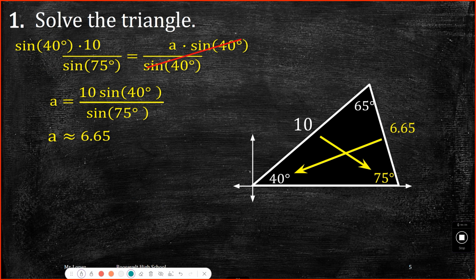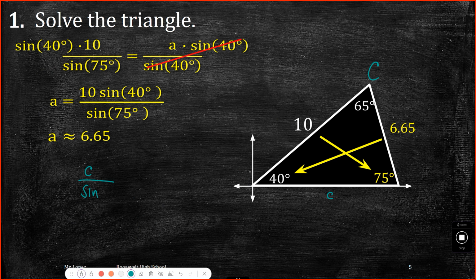Now we can do another one to figure out what this bottom one is. If we called it capital C, this is going to be little c. I would put on the top the C, what you're solving for. So it's going to be little c over sine 65.